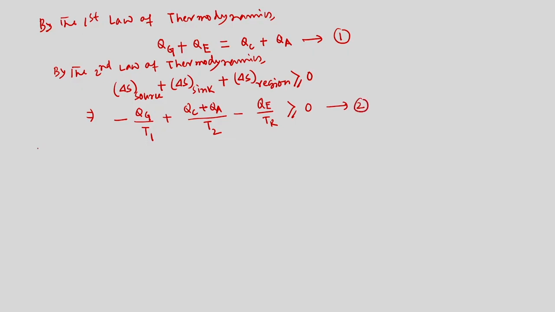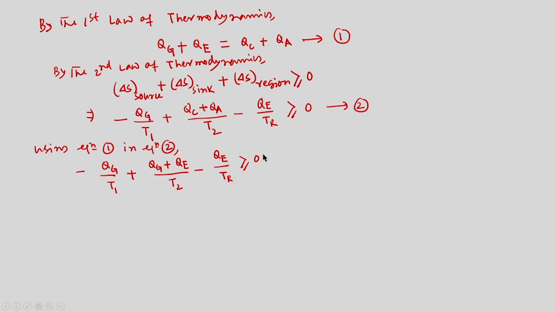Now, using equation 1 in equation 2 we have minus Qg by T1 plus Qc plus Qa, which is nothing but Qg plus Qe, divided by T2, right, minus Qe divided by Tr, which has to be greater than or equal to 0, right.